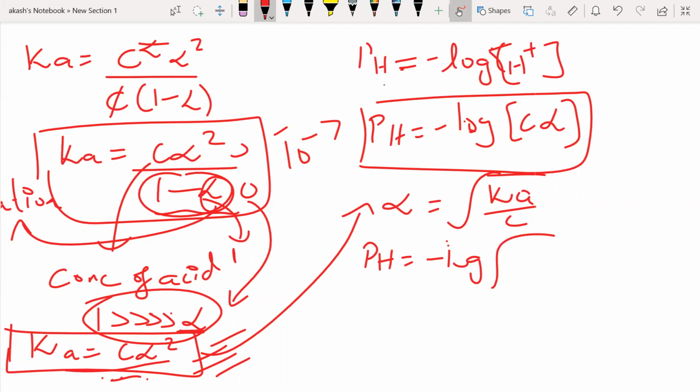So it will be root of Ka into C. C alpha, where alpha is root of Ka by C, and there is one more C. So this will be root C and root Ka. So this also is correct.